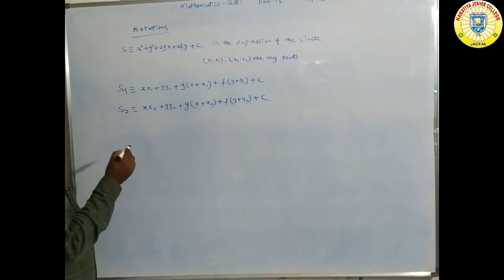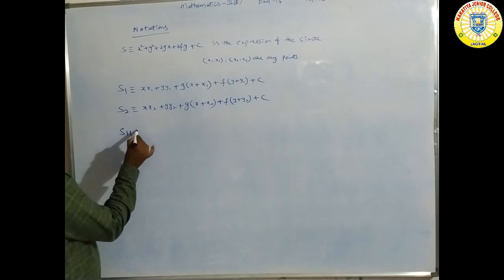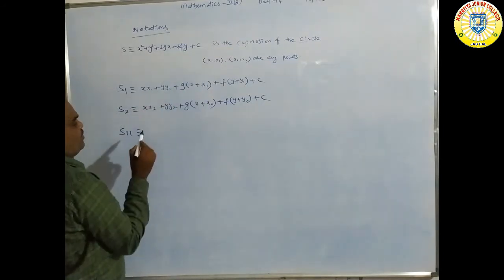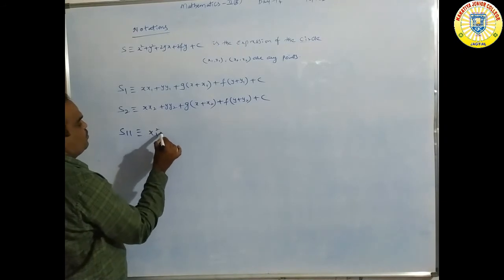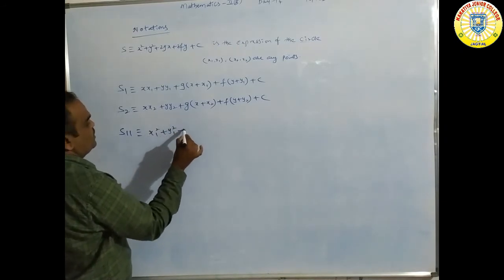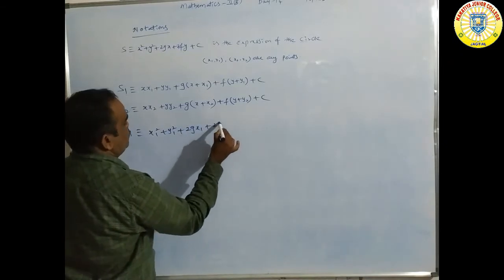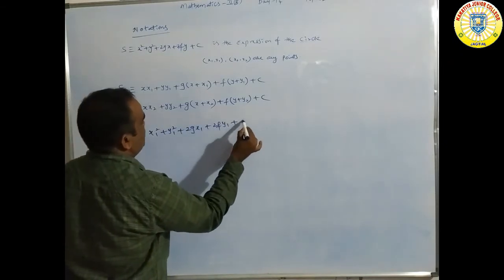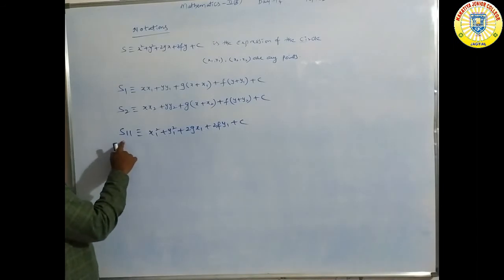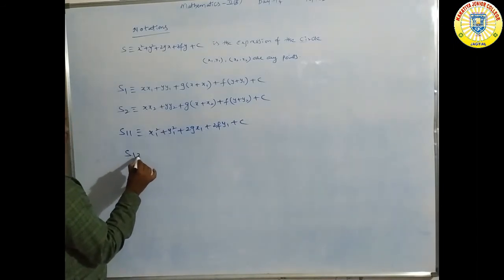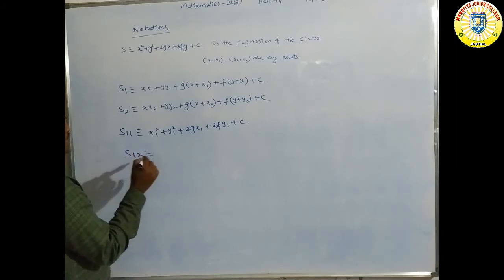Next, there is the notation S11. For the point x1 comma y1, S11 means x1 square plus y1 square plus 2gx1 plus 2fy1 plus c. Next, the notation S12 is also there.